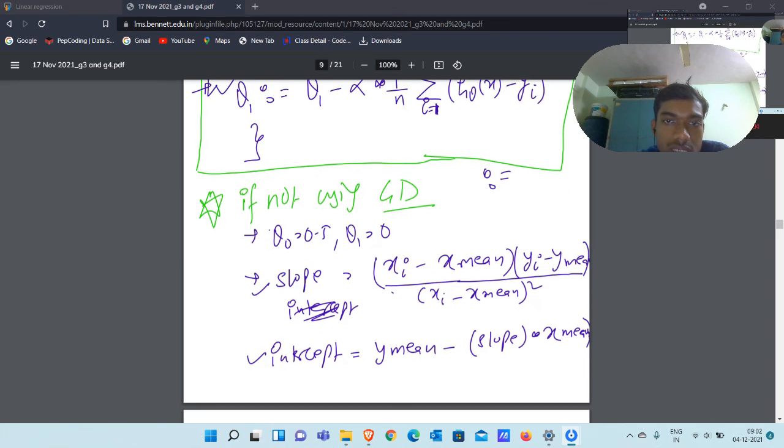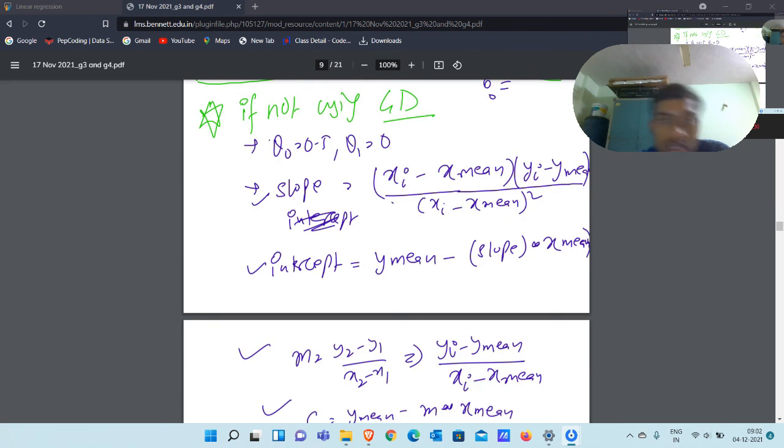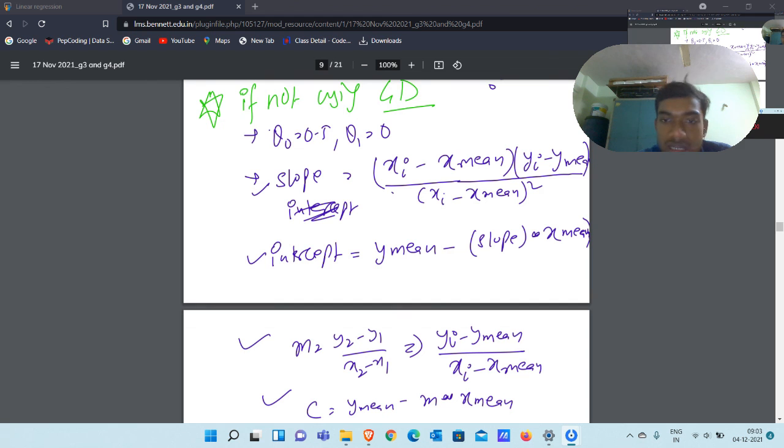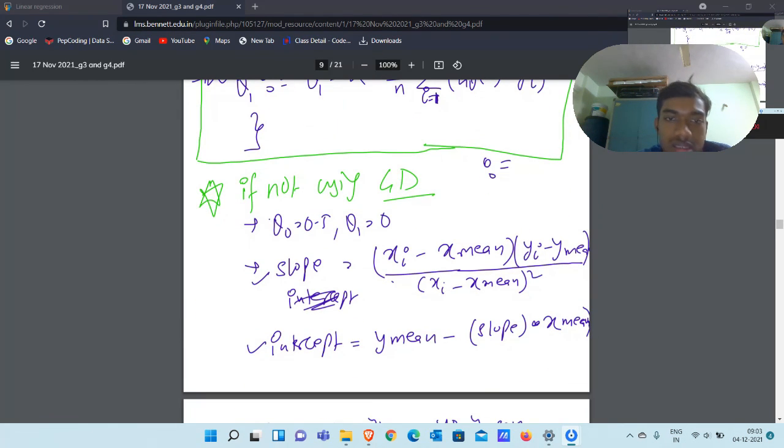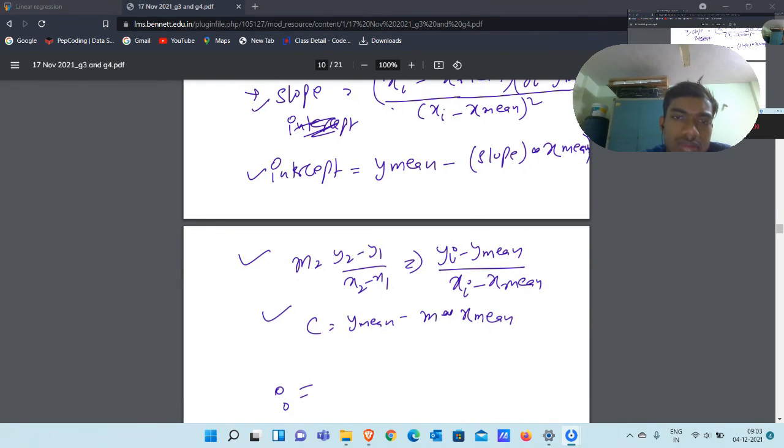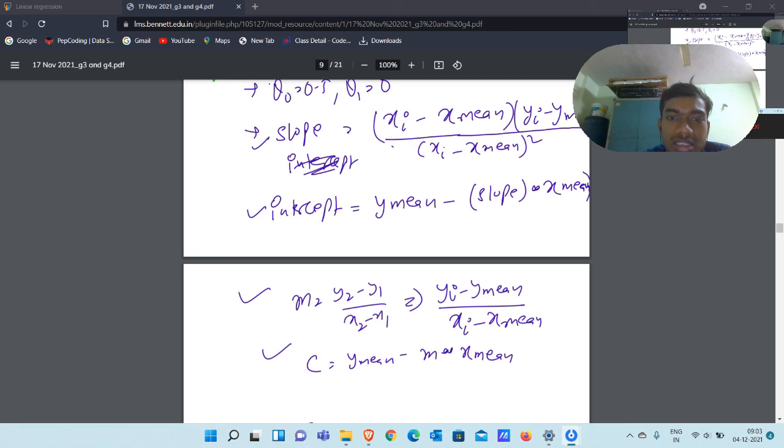If not using gradient descent, then we can compute the slope as summation of x i minus x mean into y i minus y mean, divided by summation of x i minus x mean squared, and the intercept equals y mean minus slope into x mean. This is a shortcut method, where the formula of slope is similar to what we learned in smaller classes, y2 minus y1 divided by x2 minus x1.